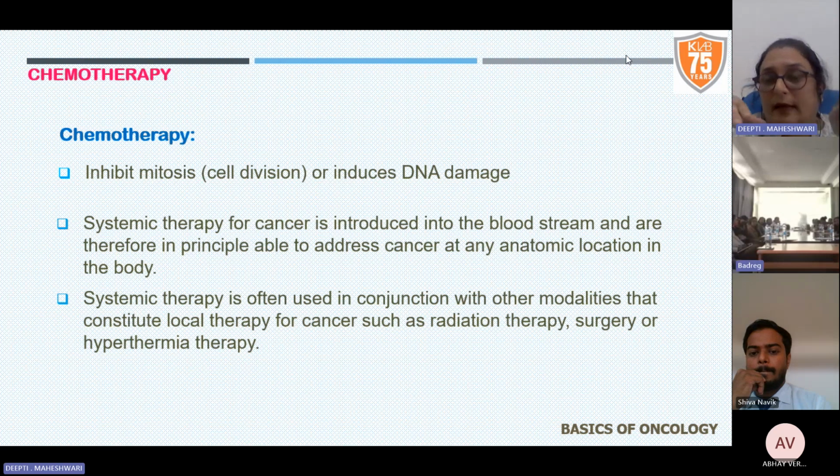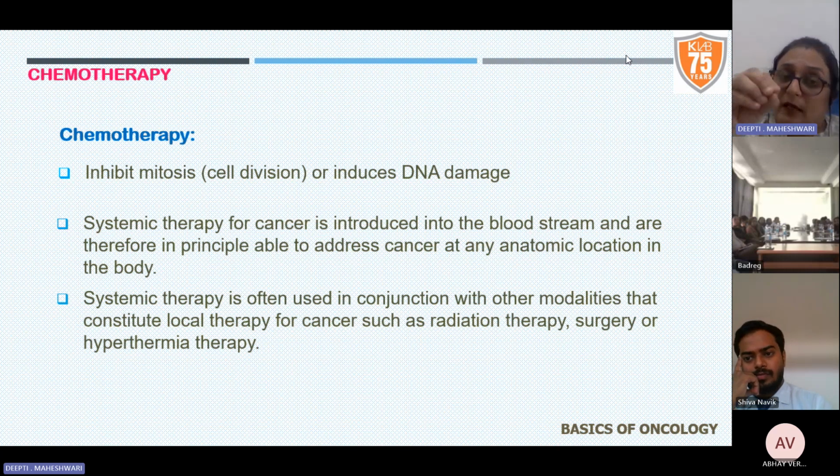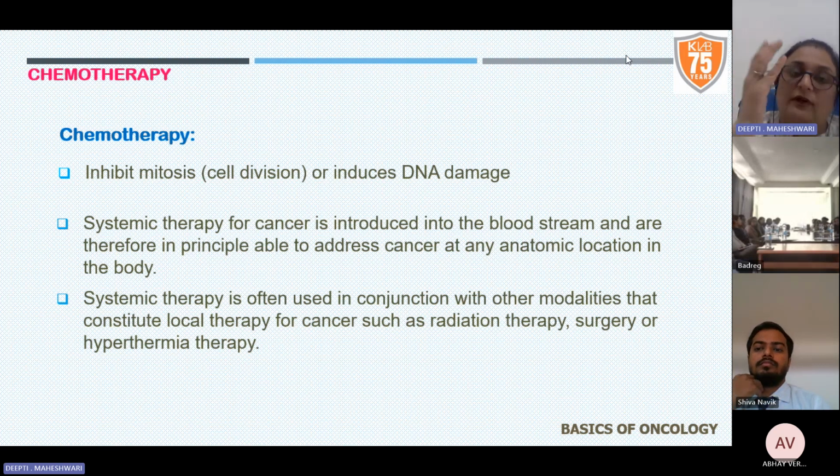Normal cells do not multiply that fast, but abnormal cells or cancer cells multiply very fast. Therefore, the action of chemotherapeutic drugs is to inhibit or kill the cells which are fast multiplying. So that is the principle behind chemotherapeutic drugs, that they will damage or inhibit the fast multiplying cells. Therefore, they are damaging or killing the cancer cells.